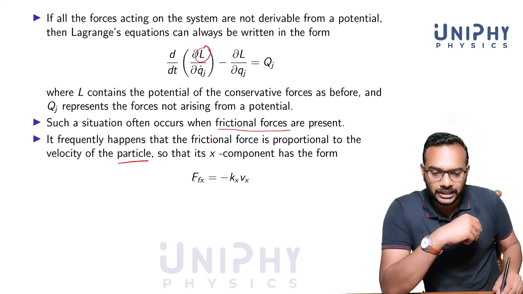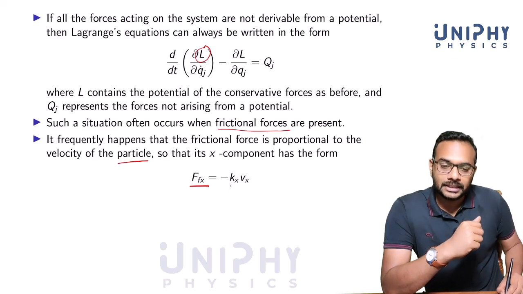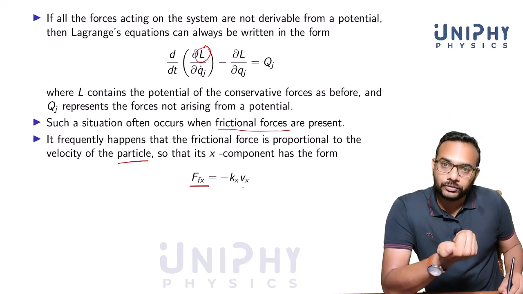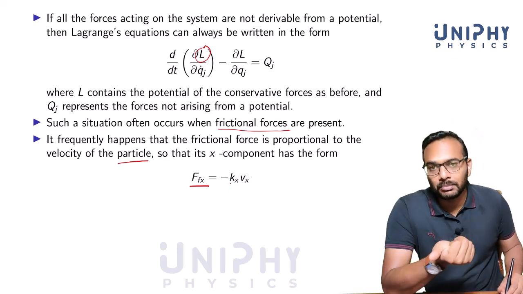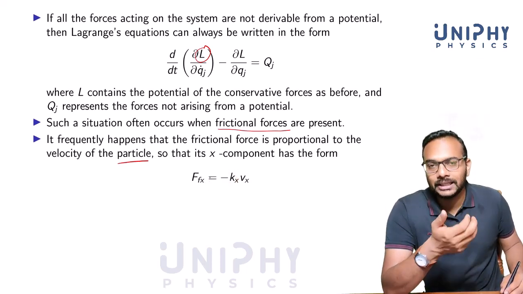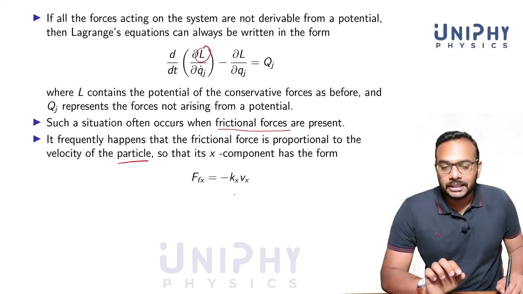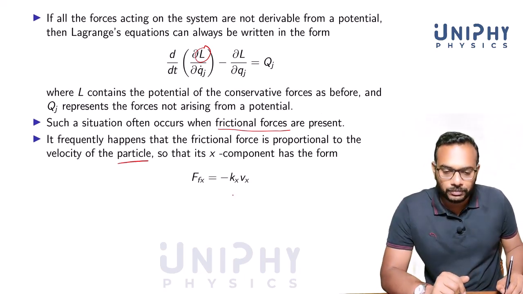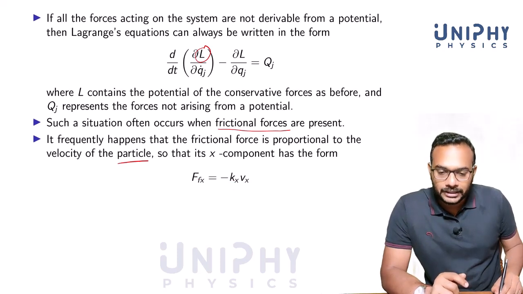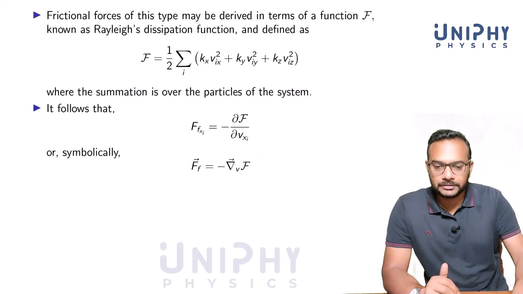So we can write the frictional force, the x component of it, as proportional to Vx, and it's in the opposite direction, so it's minus, with a constant of proportionality Kx. Here this F stands for frictional forces, and we are talking about the x component.